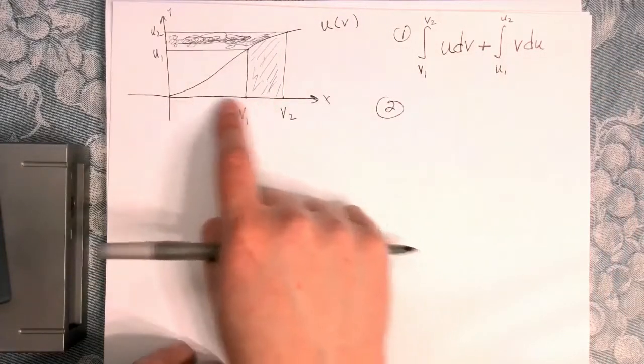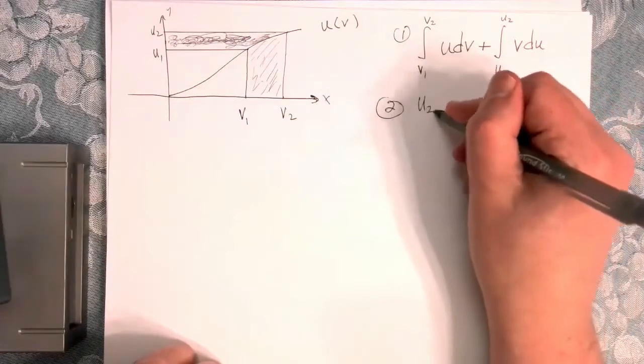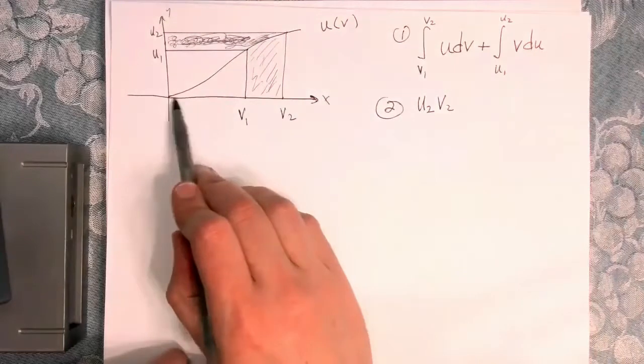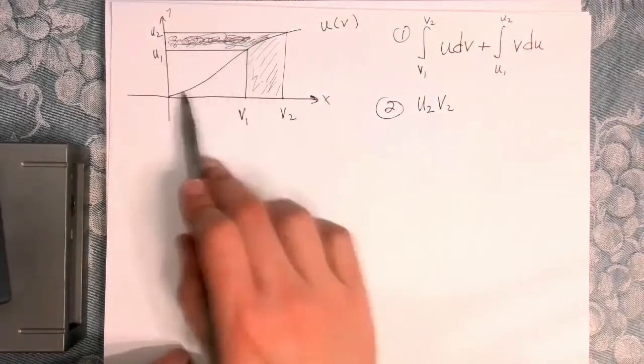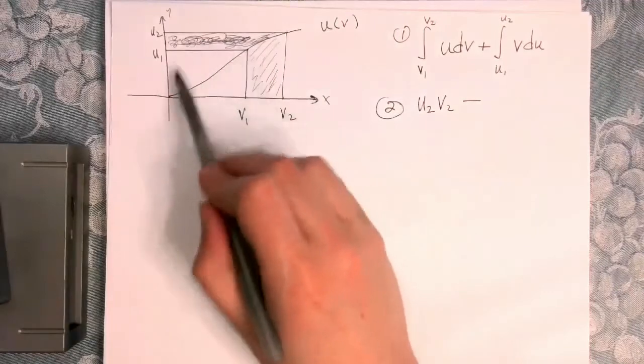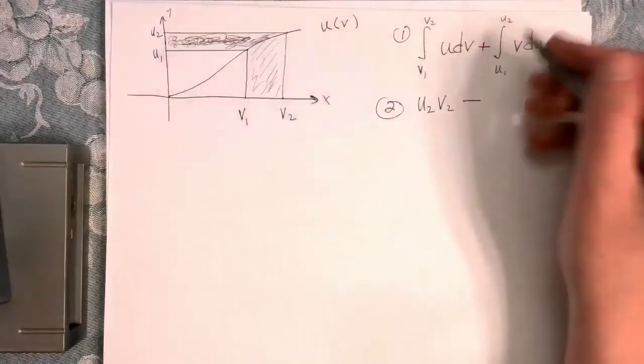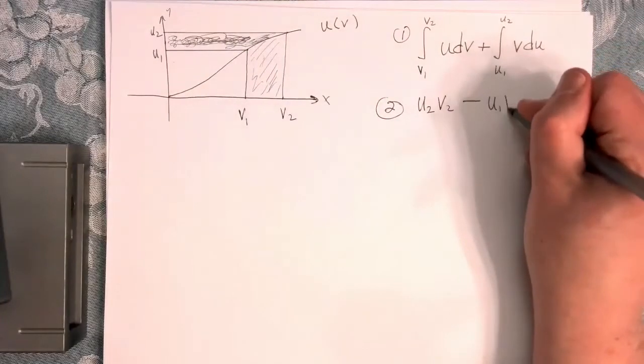So it would be base times height. So u2 times v2, that would give me this times this. Again, that would pretend it's filled in, but we know better than that, right? It's not filled in completely. It's got all this blank space. So I want to subtract this times this, or u1 times v1.